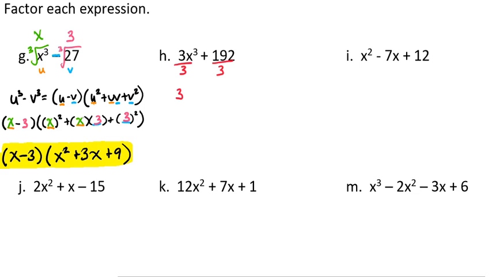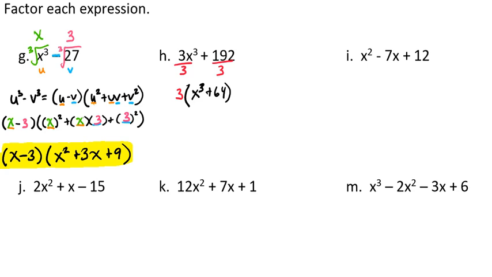By doing that, we end up with 3 times x cubed plus 64. And from here, we can see that our first piece is a perfect cube, and that our 64 is a perfect cube, and there is a plus sign between them. And so here, we can factor using the sum of two cubes.